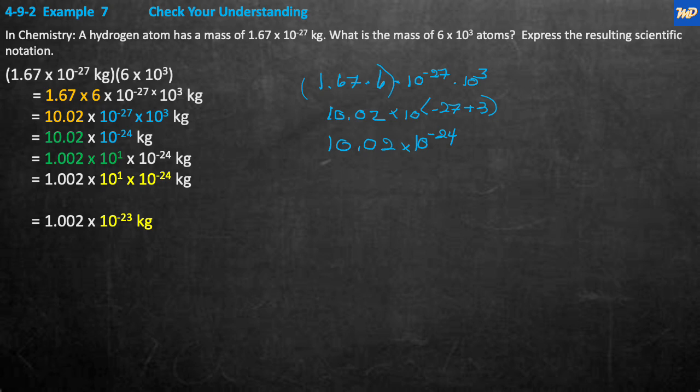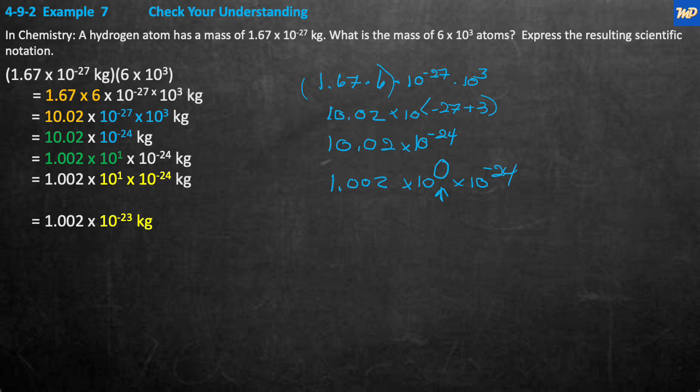Okay, so now we have to write this in scientific notation. Here's what we want to be: 1.002 times 10 to something times 10 to the minus 24. So what does that something right there have to be? Well, in order to get from 1.002 to 10.02 means that we have to multiply this times 10.